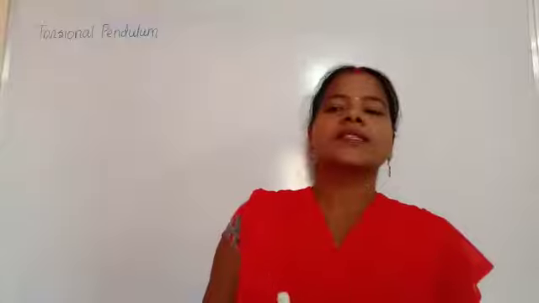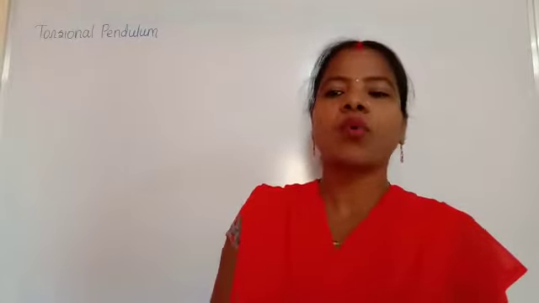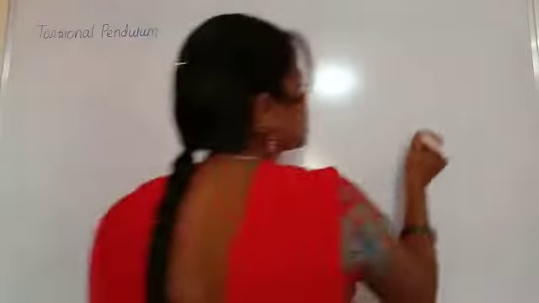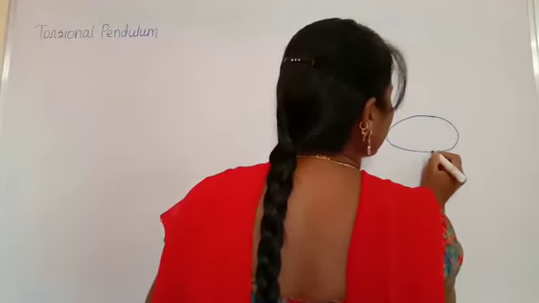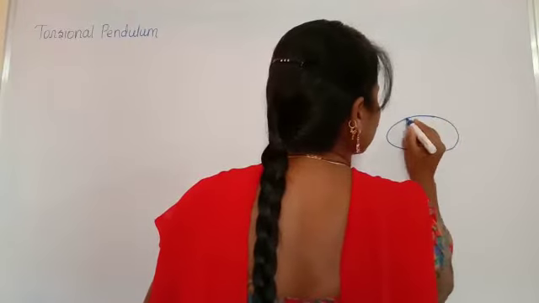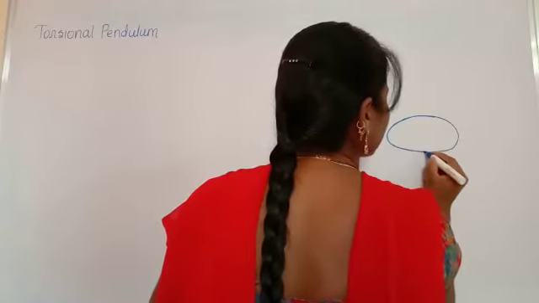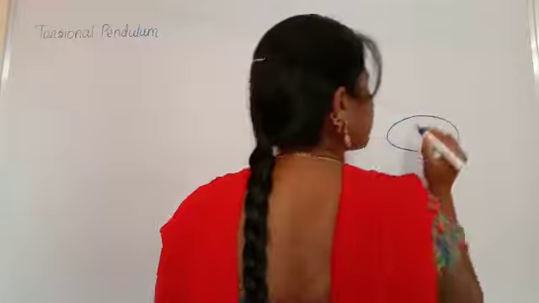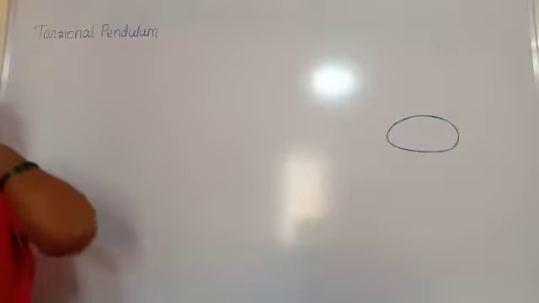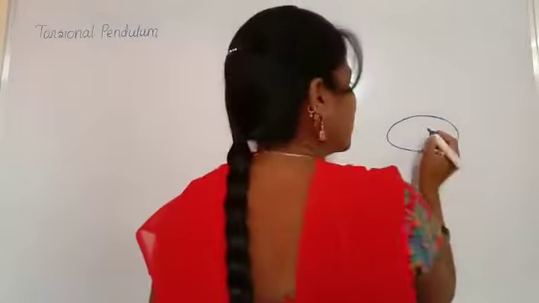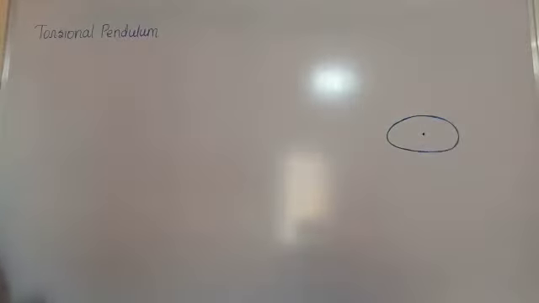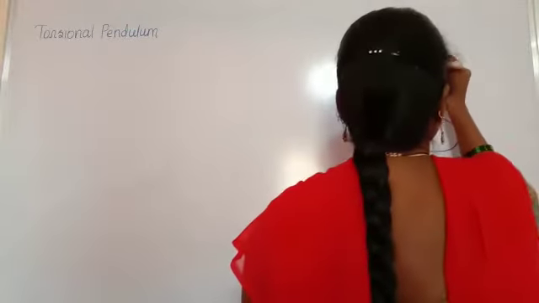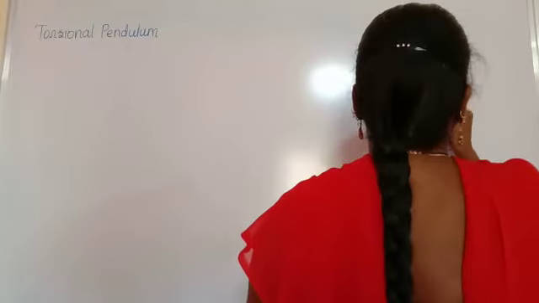It consists of a solid regular body such as a solid disc. This is the diagram of the torsional pendulum. This is the solid regular disc-like structure, a circular structure with a circular cross-section. It is suspended at the center of its cross section by means of a metal wire to the rigid support.